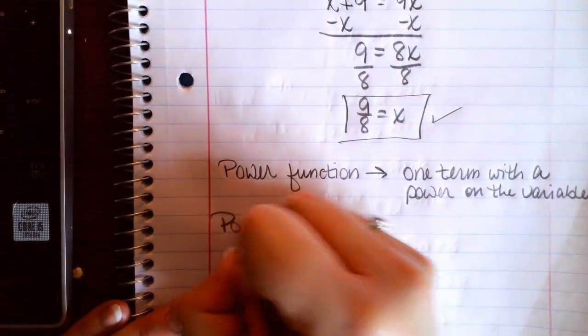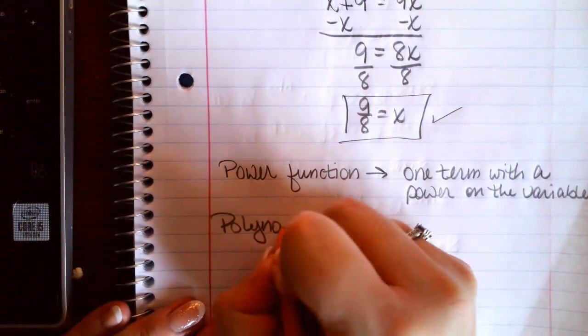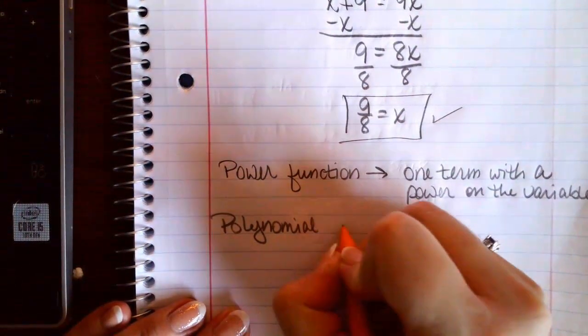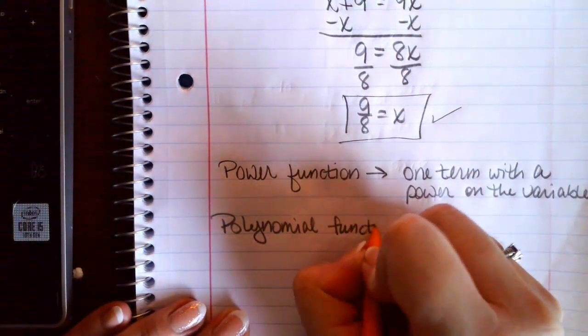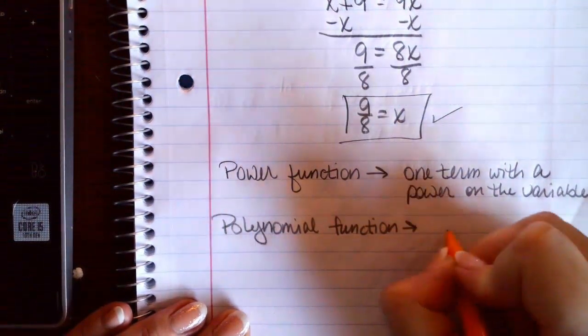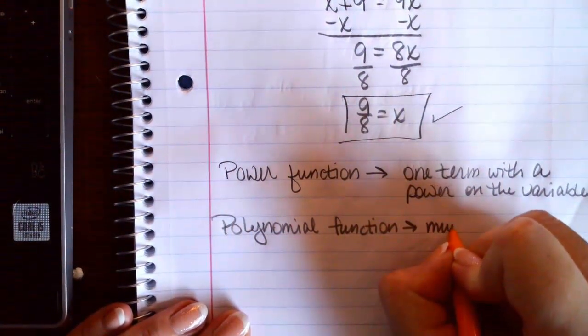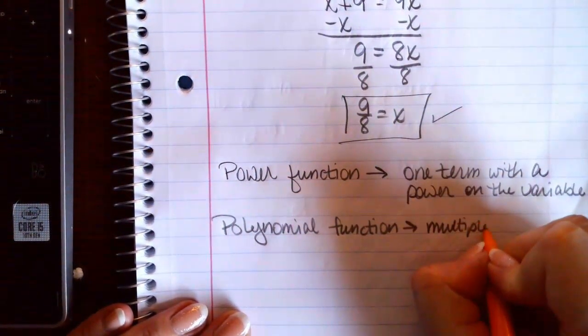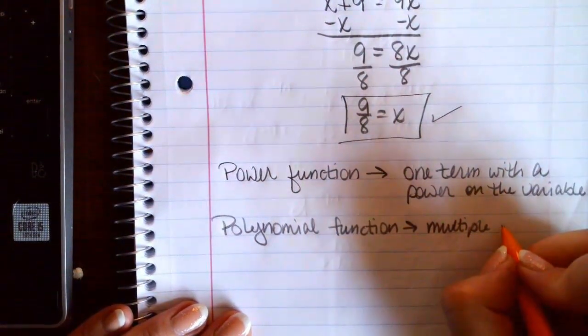A polynomial function is multiple terms, which could include one term.